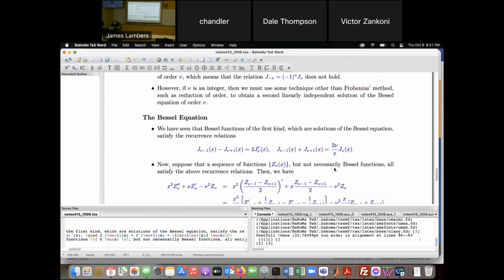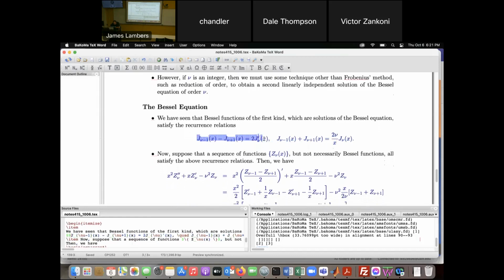So what I'm going to do is substitute into Bessel's equation and see what we get using these recurrence relations.